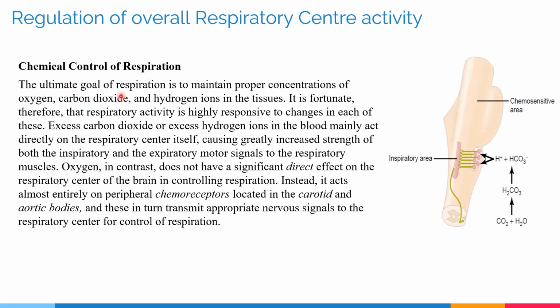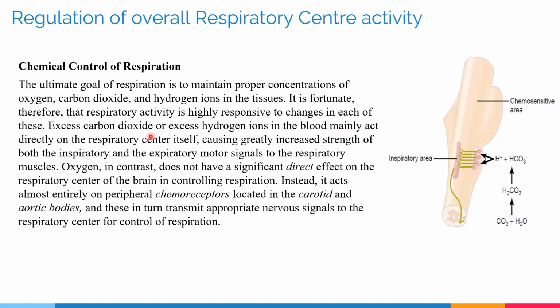The ultimate goal of respiration is to maintain proper concentration of oxygen, carbon dioxide, and hydrogen ions in the tissues. And thus, obviously, the respiratory activity is highly responsive to changes in each of these.